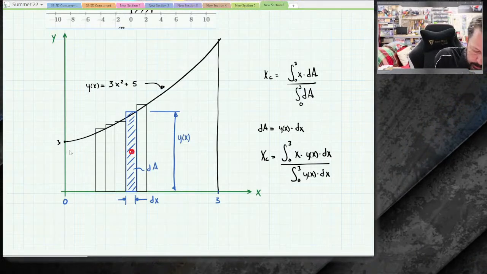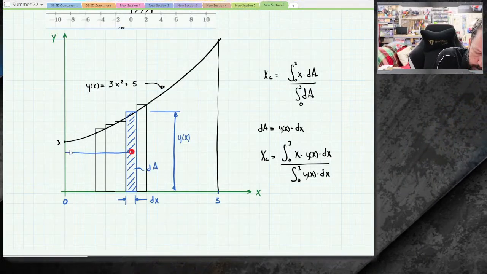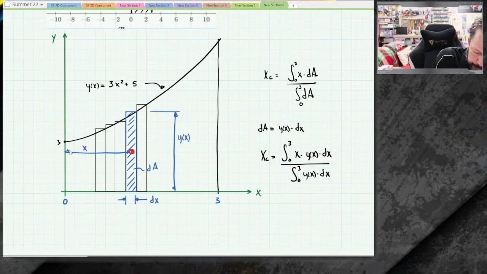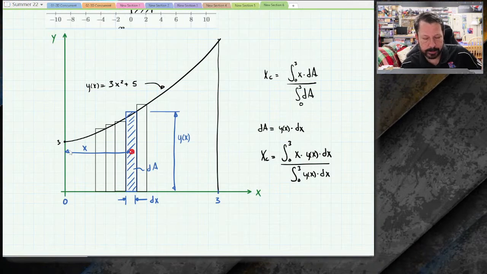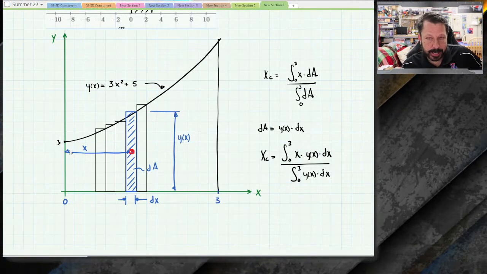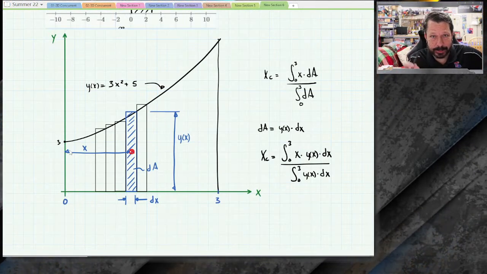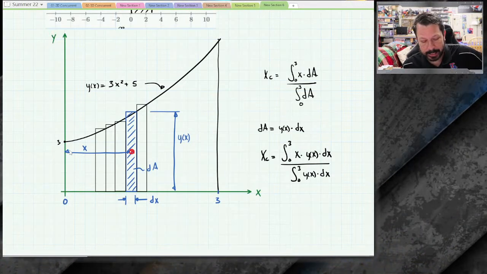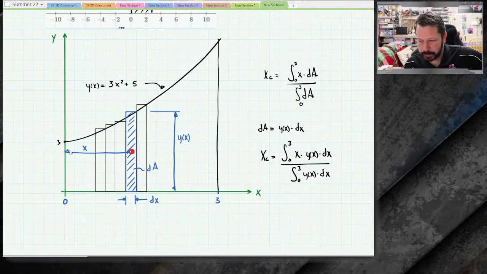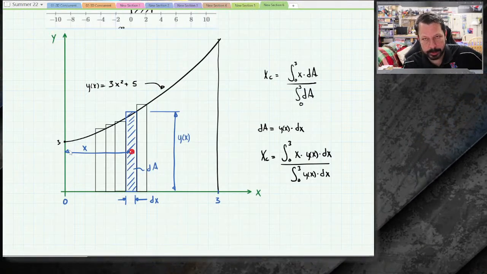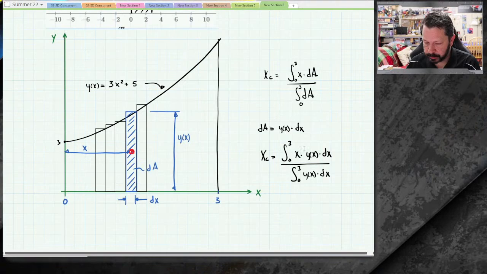So x is that distance. I am not going to do x is equal to some distance plus half of dx. I'm not going to, dx is infinitely small, so I don't have to worry about that. I can just say that this distance is x. It's a little bit different when we do y sub c, so that's why I'm pointing this out right now. So now I've got this equation.